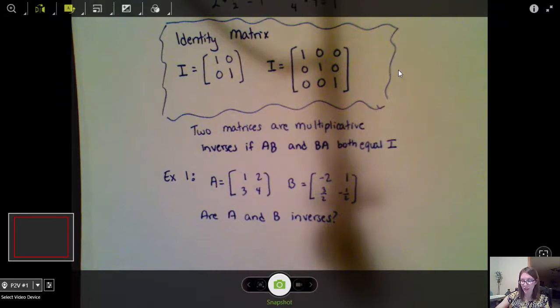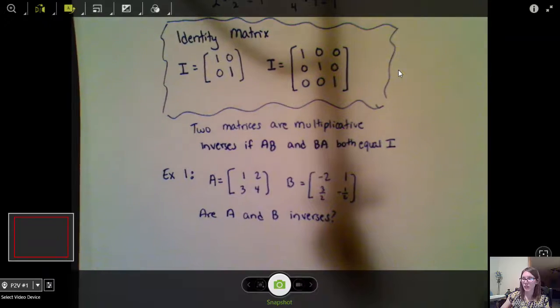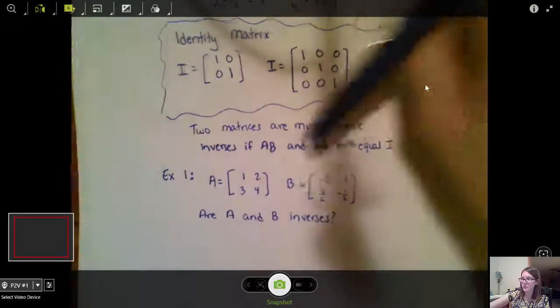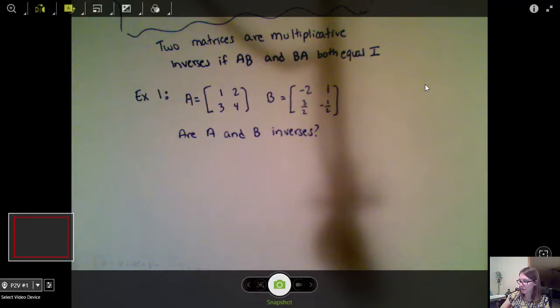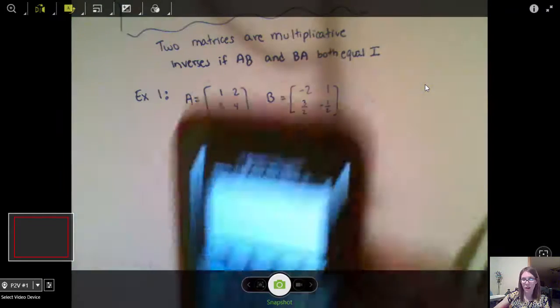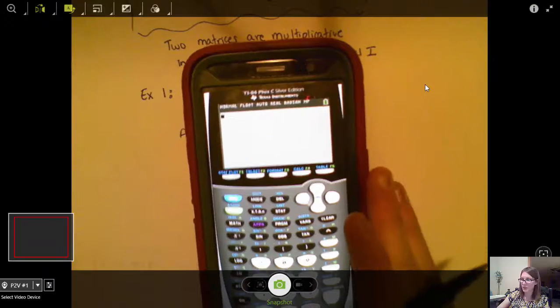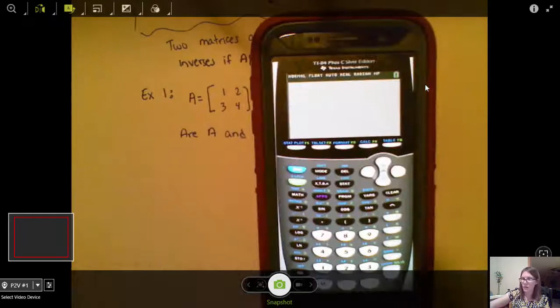Now, in our last section, section 2, we learned how to multiply matrices. You don't always necessarily have to do this by hand. I want to show you how to do this in your calculator, because on most standardized tests, your ACT, the Iowa standardized tests, you'll have a graphing calculator if you need one. We've used matrices a little bit on our calculators when we were solving systems of equations.